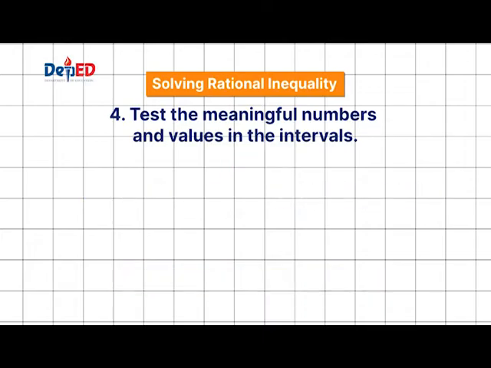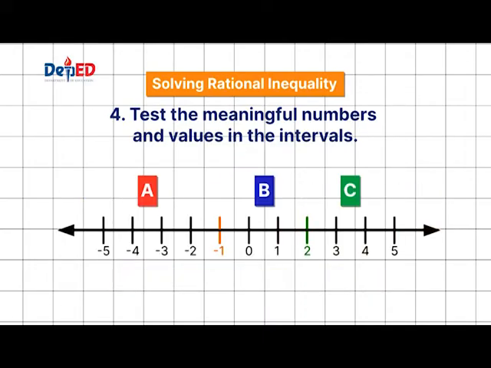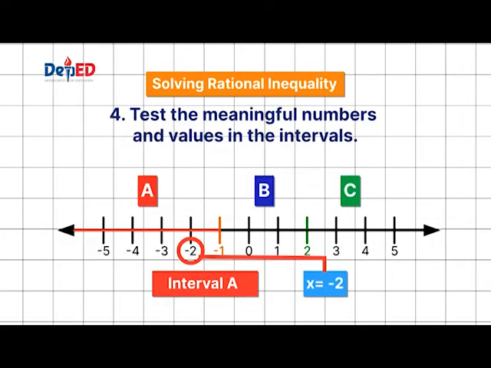The next step is to test values within the intervals. Let us take a value in the first interval, A. Let us take -2 and use it as the value of x in the inequality.